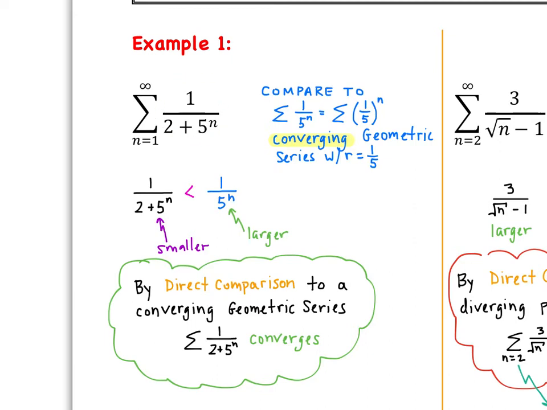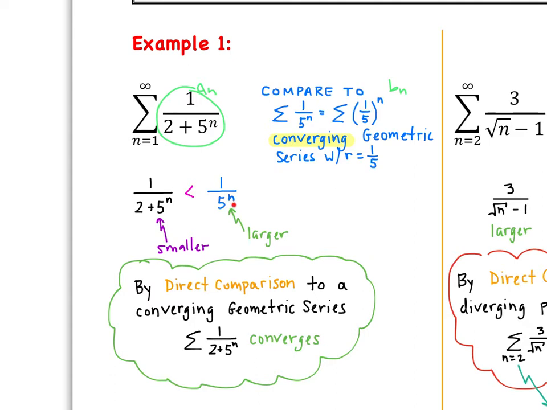So we call this a sub n, so here's our a_n, this guy right here. And we're going to compare it to b sub n. This guy over here is our b_n. When we compare those, our a sub n is going to be smaller because it's got a bigger denominator. So this is our smaller, this is our bigger.